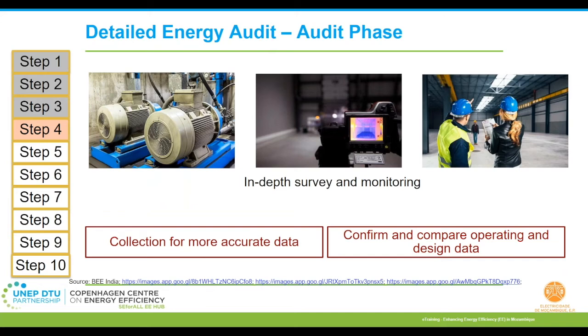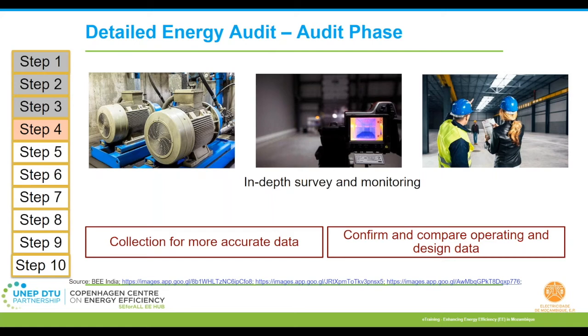Step 4, the energy audit team individuals will now start to take in-depth surveys and monitoring of individual areas. For example, if someone takes over the motor section, they would be collecting the list of motors, the different capacities, the age of the motors, how many times they have been rewound, and whether the rewinding is done locally or by a professional manufacturer.